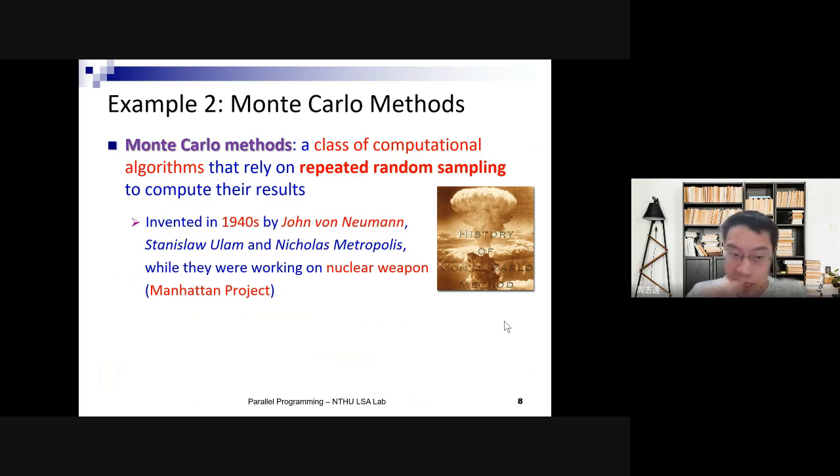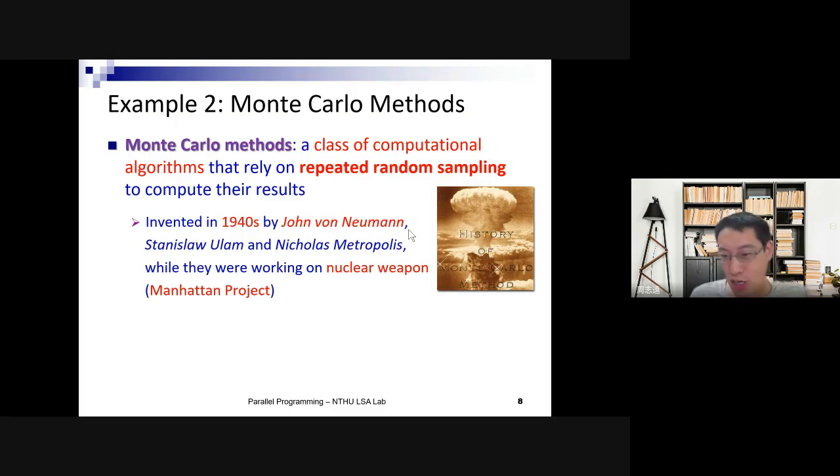And this method was first proposed by the famous John von Neumann back in the 1940s, and it was designed to solve some complicated scientific computation equations.